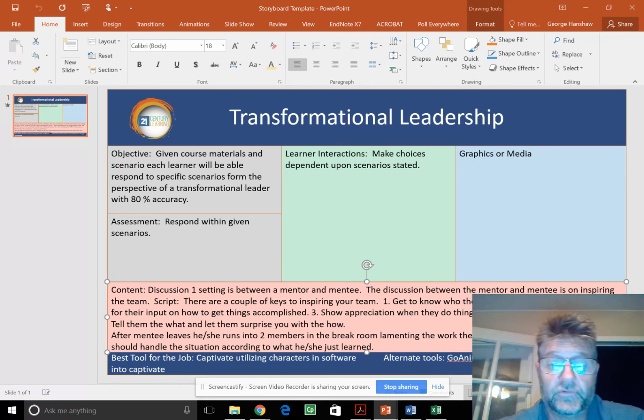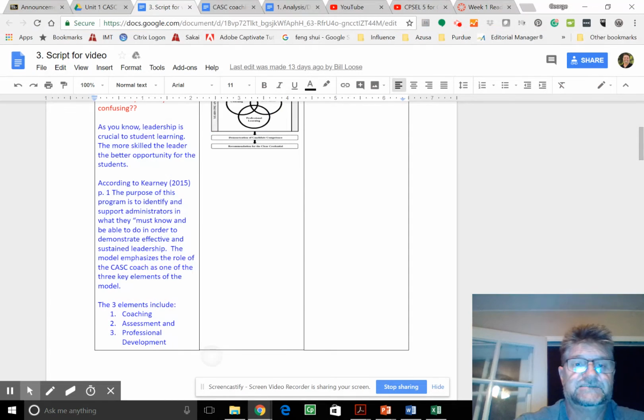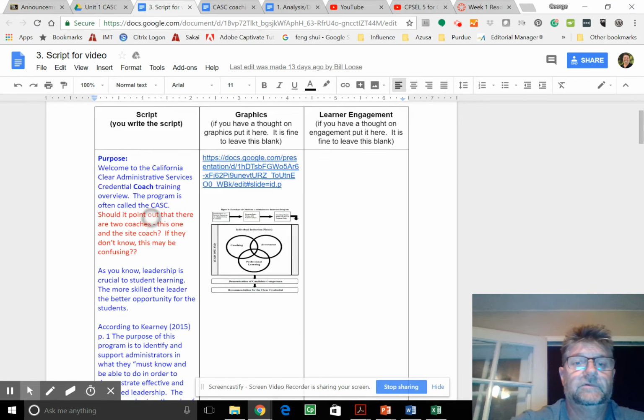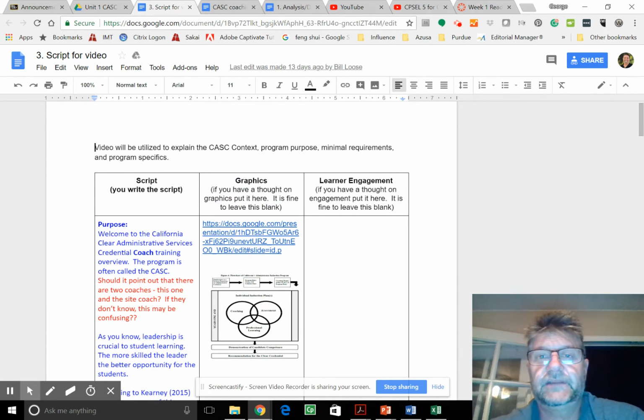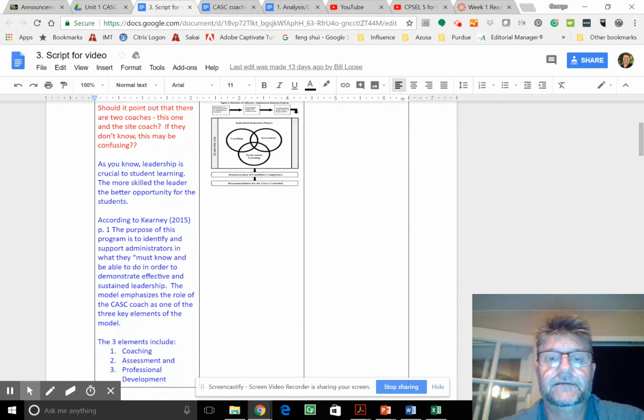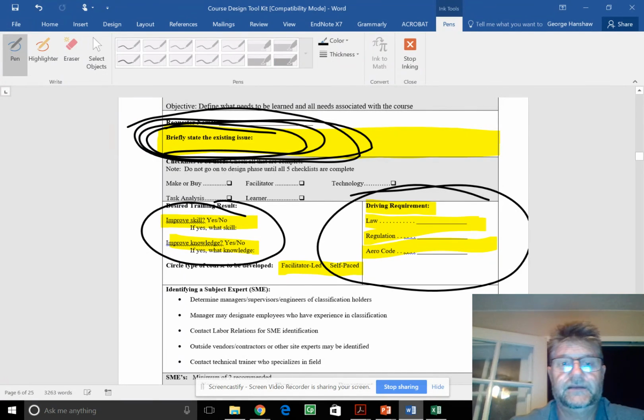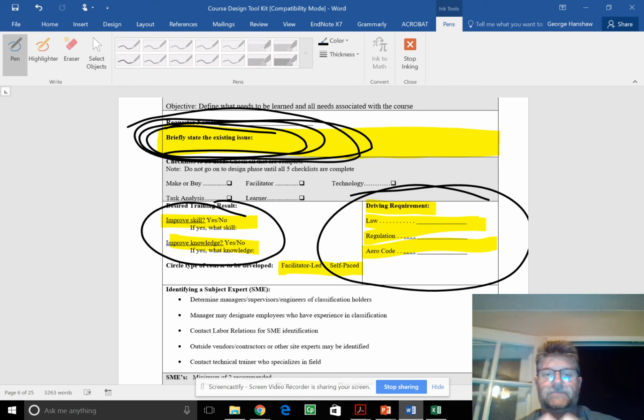Now this is just the storyboard part, so that would be consistent with what we did here when we wrote the script, the graphics, the learner engagement, all of that. But it does not take the place of all this part here that comes before it. So I just want to bring home the point that everything's built on top of something, so even rapid prototyping and assessment and everything builds from that.